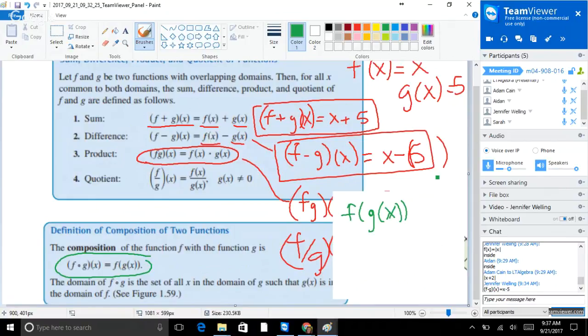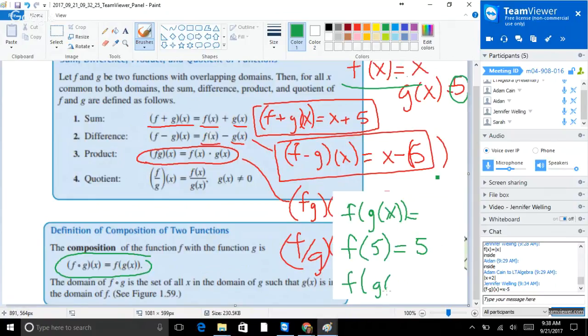We start with our original function, f of x equals x, but instead of x, we substitute in our value of g. We know g of x is 5. If we look at our original function, f of x equals x, so f of 5 would be 5.